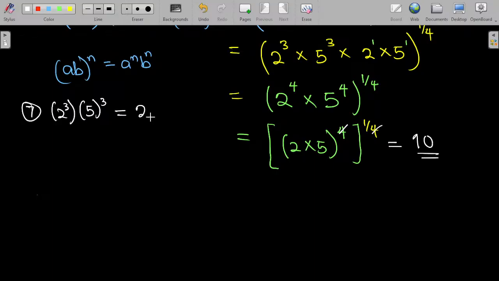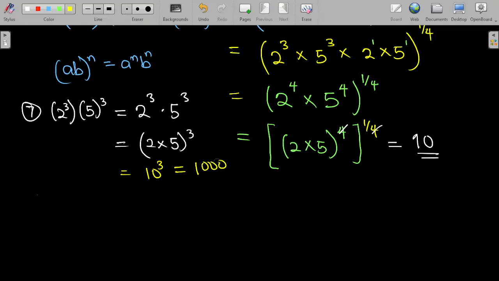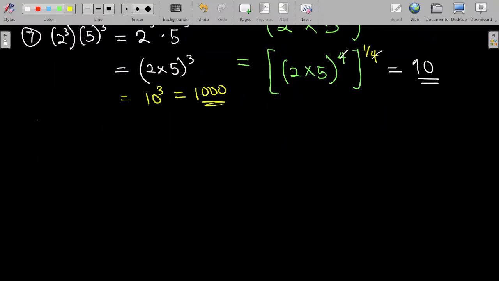So this is still the same thing as 2 to the power of 3 times 5 to the power of 3. Okay, and like I said, you can bring out the powers, and you have 2 times 5 all to the power of 3, and then your answer is going to be 10 to the power of 3, which is actually 1000.